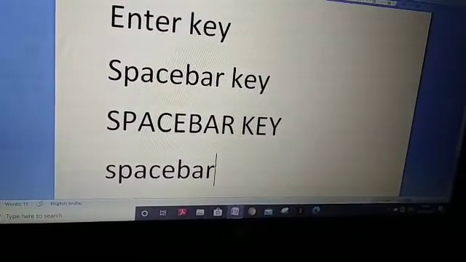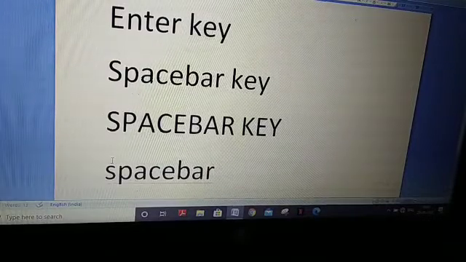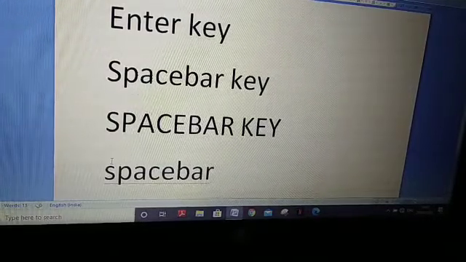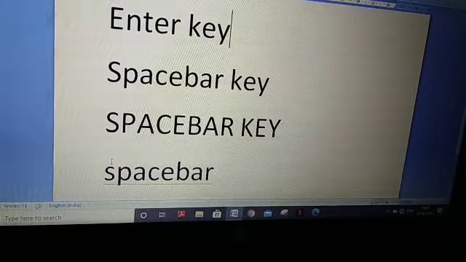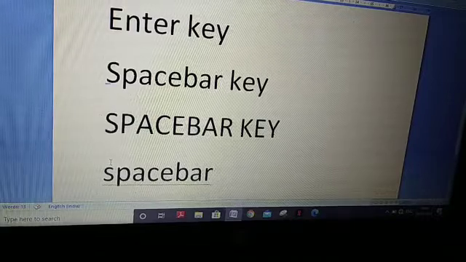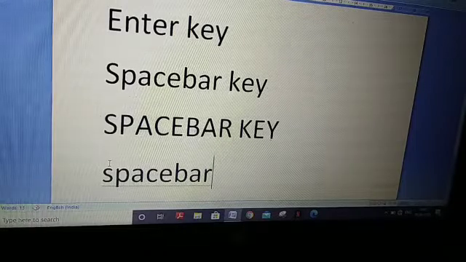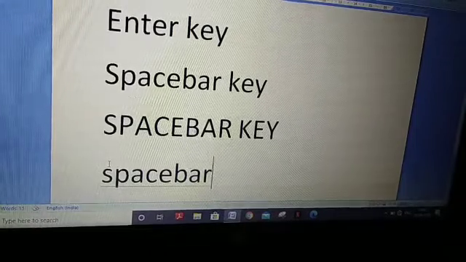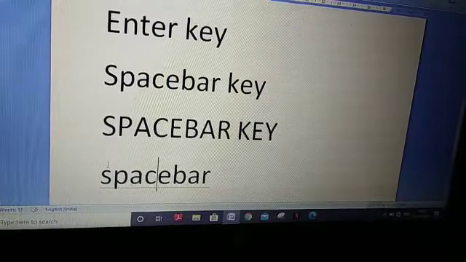Now I'm going to press the up arrow key. So the cursor, you can see, is moving up. And when I press the down arrow key, you can see the cursor is coming down. Isn't it? Now to move the cursor to the left side, we use the left arrow key.